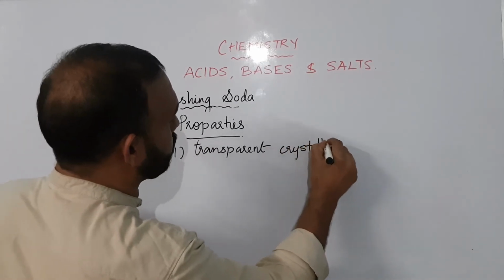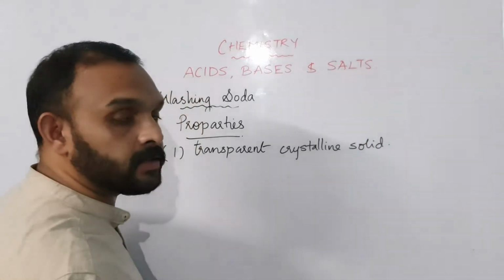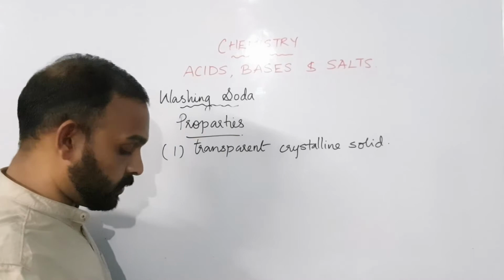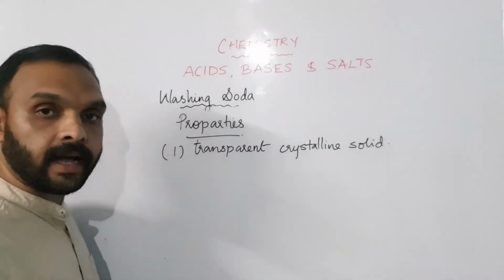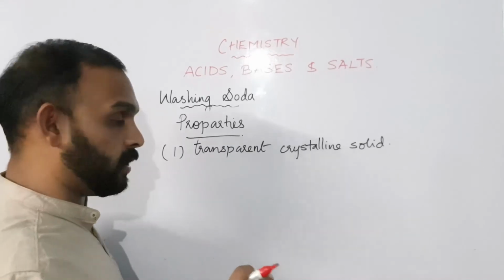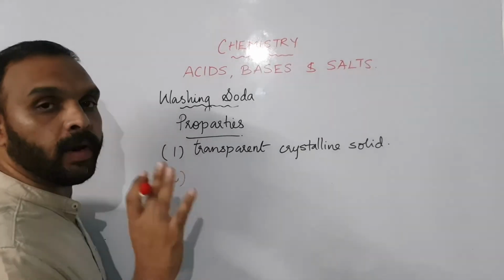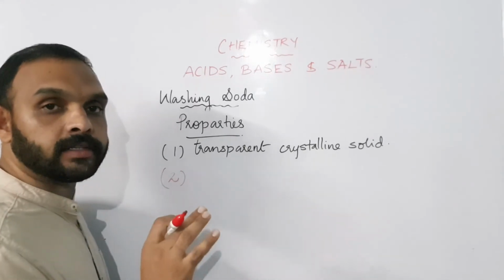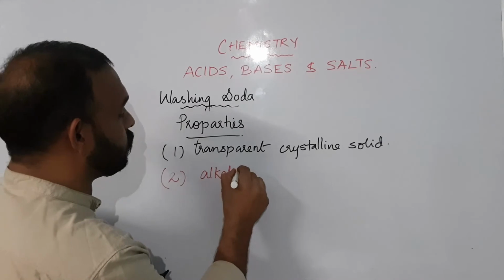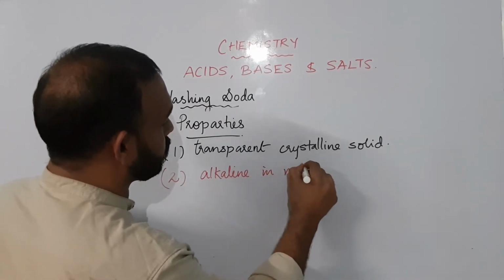And the main thing related to it is that it consists of 10 molecules of water of crystallization, and we call it a decahydrate. Now its second property, it is soluble in water and its aqueous solution is alkaline in nature.